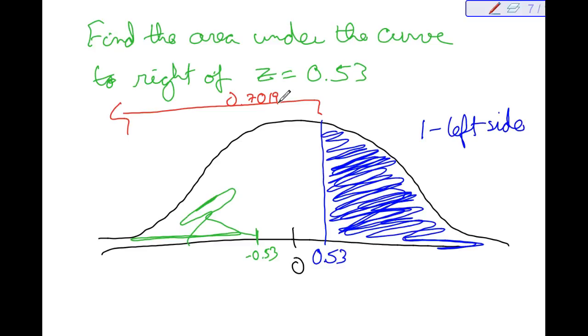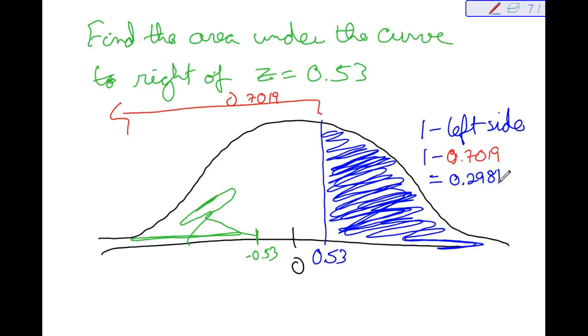So that means that this area is going to be 1 minus my 0.7019. I left out a 0 there, so I'm going to go back and put in that extra 0. If I subtract those, that gives me 0.2981.